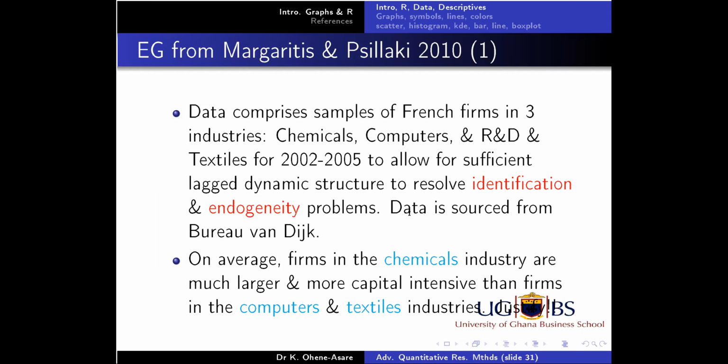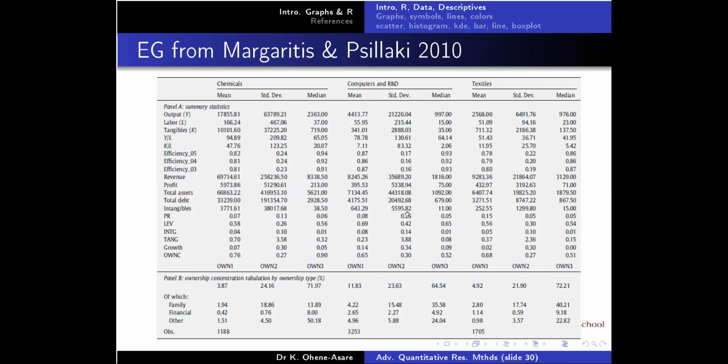The data was made up of French firms in three industries: chemicals, computers and R&D, and textiles, from 2002 to 2005. They wanted to look at the impact of previous dynamic data and handle identification and endogeneity. All of these things you learn. The data was taken from a certain group of banks.